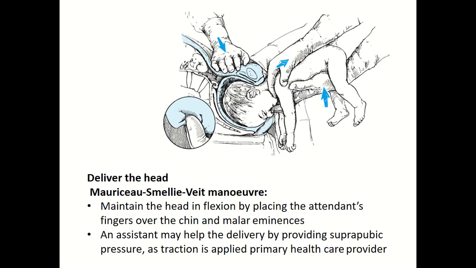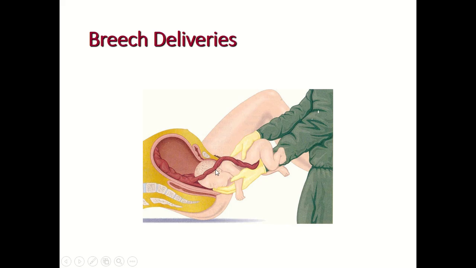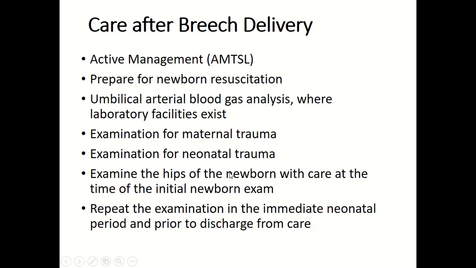Suprapubic pressure just above the symphysis pubis on the abdomen, but not a fundal pressure, and this might help deliver the baby. This other hand will support from this side. Okay. As you can see here, and then you deliver your baby.